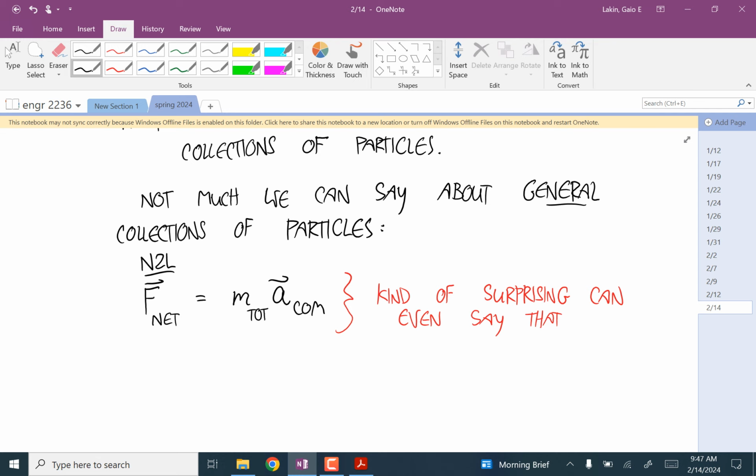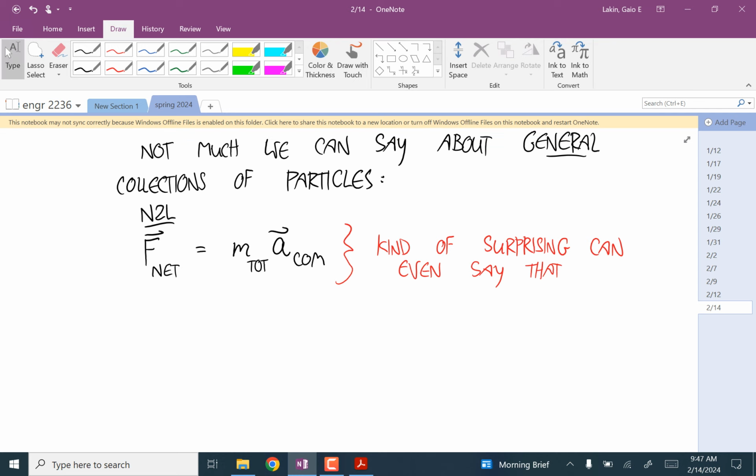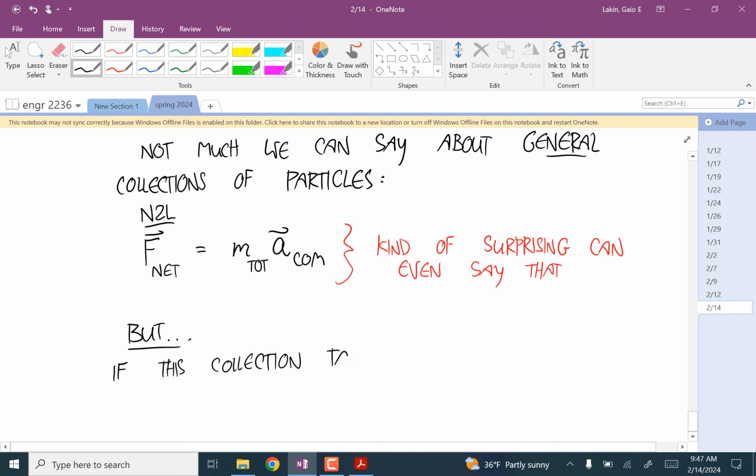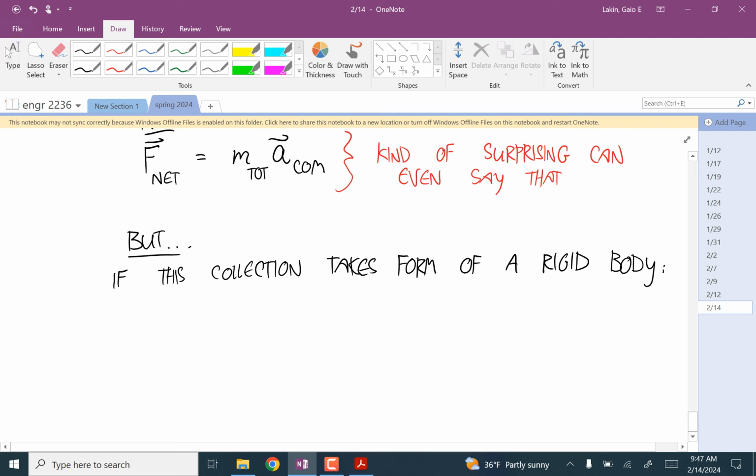But if these collections of particles are organized rigidly into a rigid body, you know, if this collection takes the form of a rigid body, we can say two things.